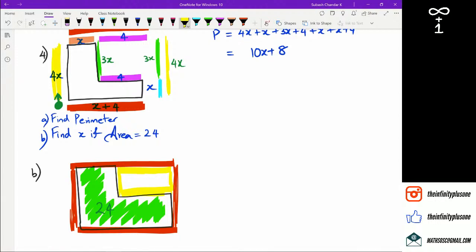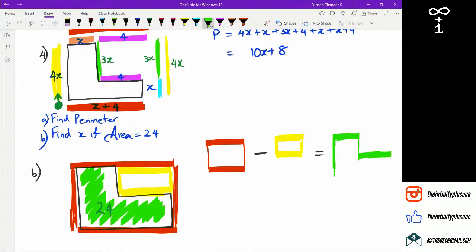So basically what I'm trying to say is the big red rectangle, I'm going to find the area for that, minus the yellow rectangle, the little yellow rectangle, is equal to the green part of the L shape. I hope that makes sense there. So that's what's happening there.